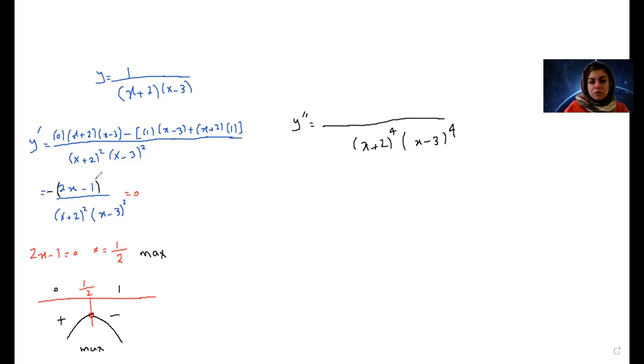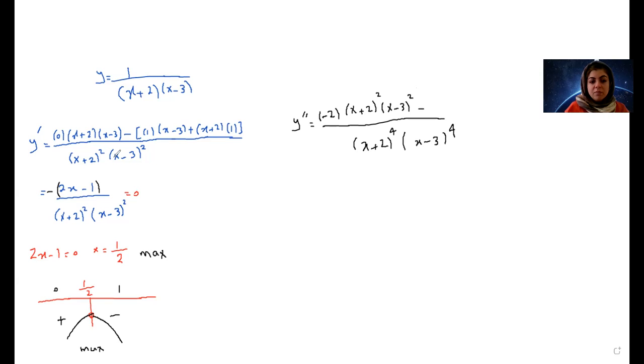Now, to do the derivative, we have this one is a line, so the derivative of that is going to be -2. Derivative of numerator is -2, multiplied by denominator without any change, (x plus 2) to the power of 2, (x minus 3) to the power of 2, minus.